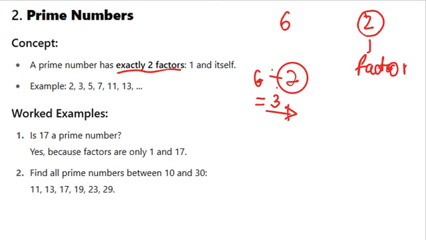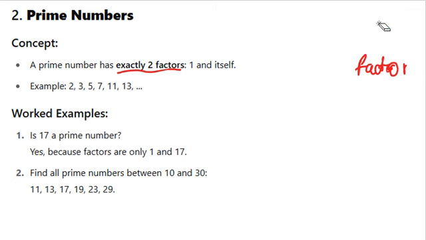So factors are numbers that, when you divide them into the original number, you get another whole number. You don't get decimals. For example, let's see if 4 is a factor of 6.